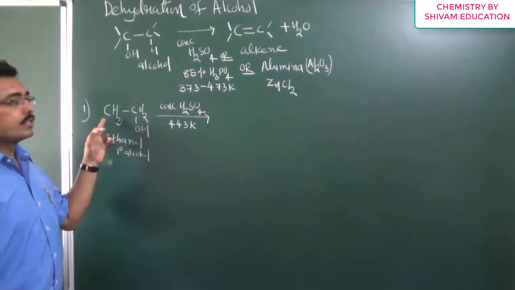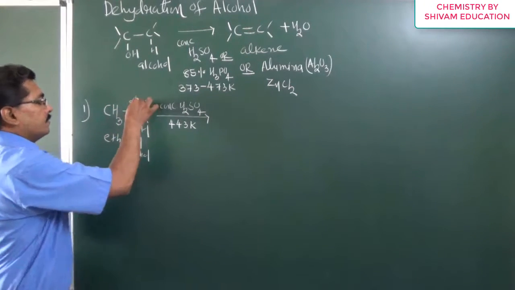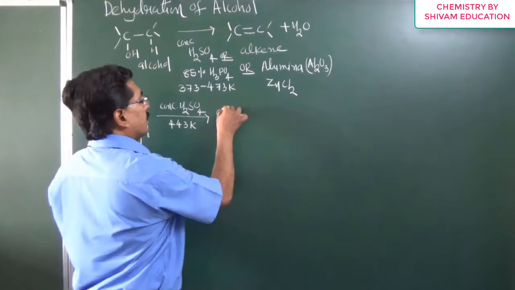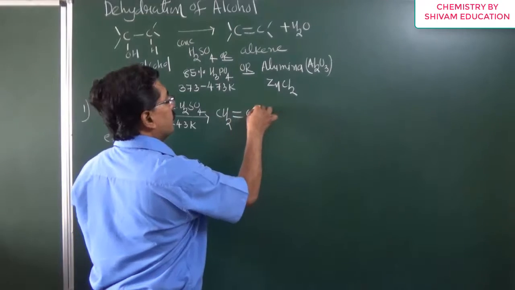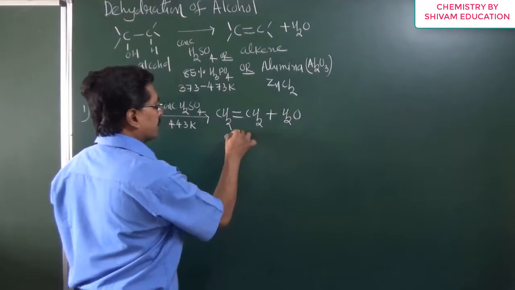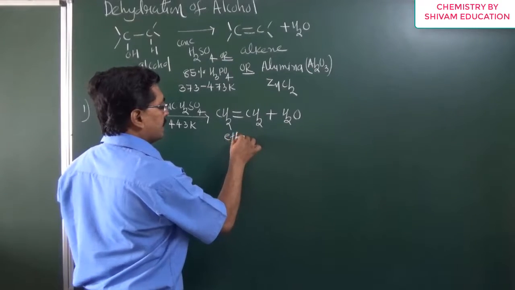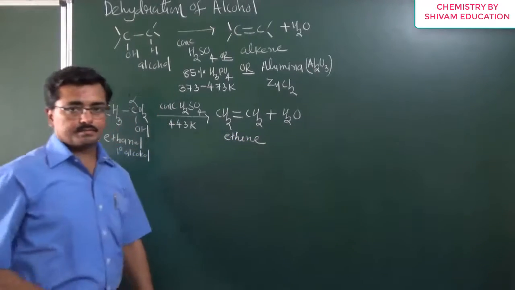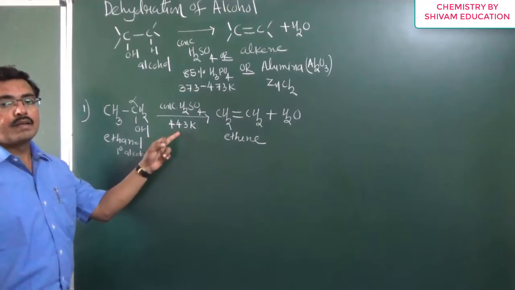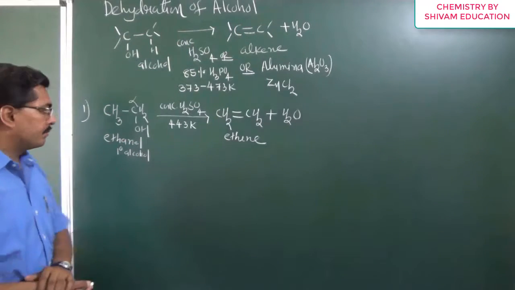Now in the dehydration reaction, OH from this carbon atom and H from the neighbor carbon atom will be removed. We will study how this removal occurs in the mechanism, and as a result we get an alkene. This alkene is known as ethene. So for dehydration of primary alcohol we require a 443 Kelvin temperature.